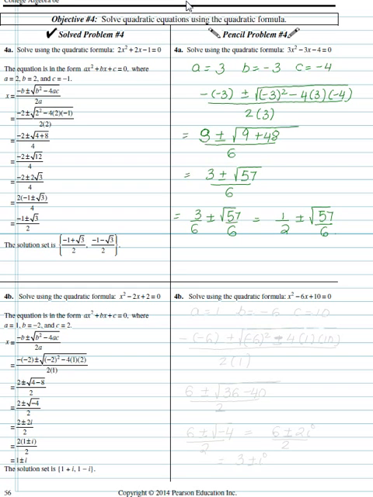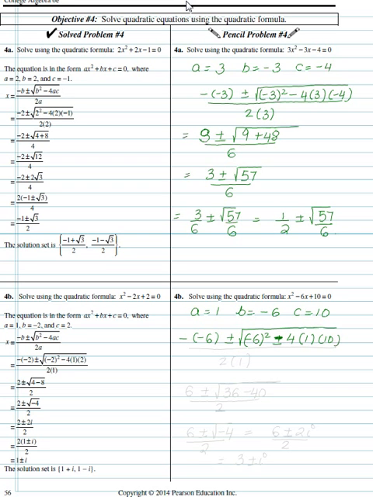Same thing here. I'm going to use the quadratic formula. A is 1, B is negative 6, C is 10. Minus B, that is minus of minus 6, plus or minus the square root of B squared, negative 6 squared, minus 4AC.